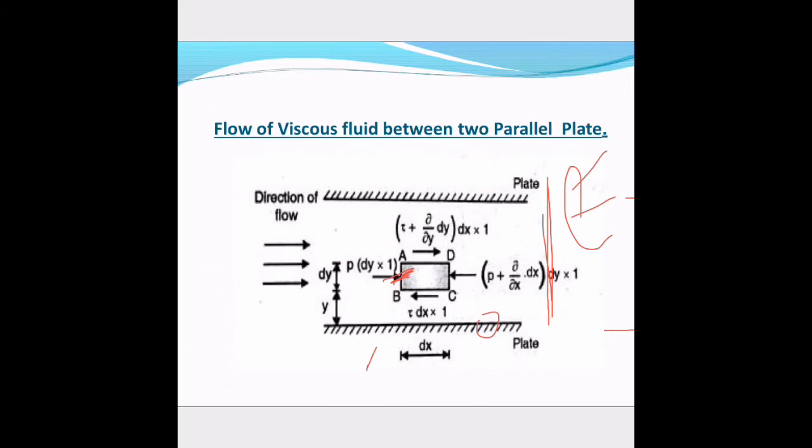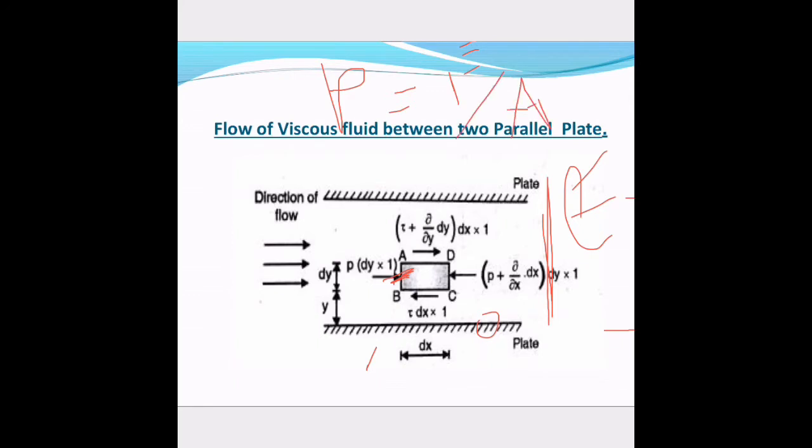The shear force acting on the wall BC will be shear stress tau into area, where dx into 1 is the area.